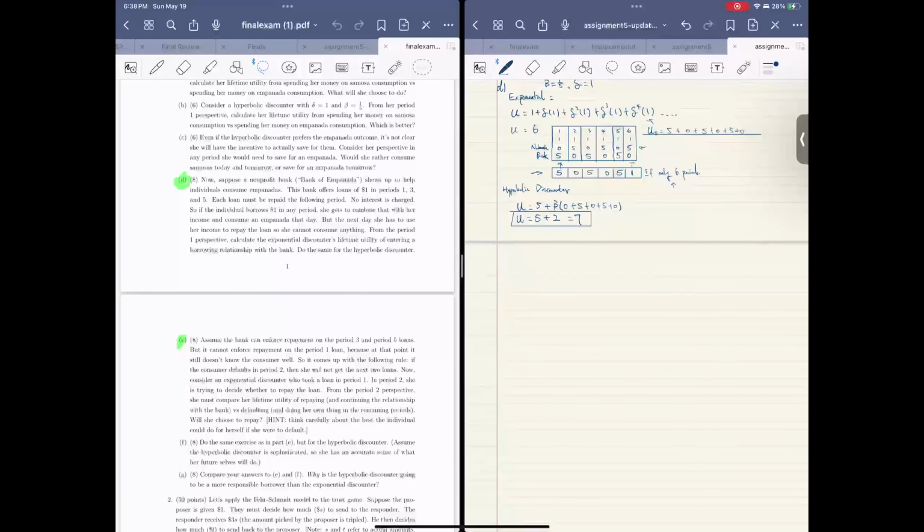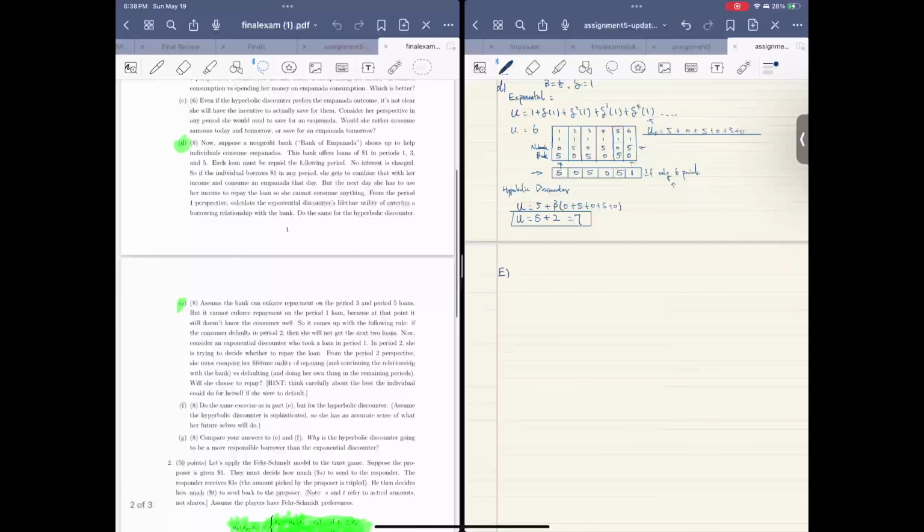Okay, let's go into E. Again, assume the bank can enforce repayment on the period 3 and period 5 loans, but it cannot enforce repayment on the period 1 loan. At that point, it still doesn't know the consumer well, so it comes up with the following rule: if the consumer defaults in period 2, then she will not get the next 2 loans.